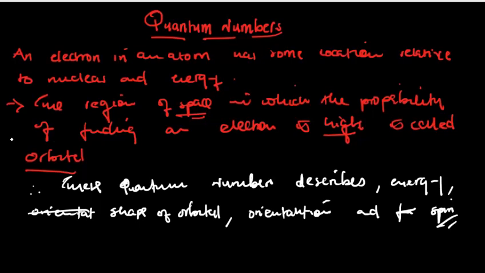So these quantum numbers will describe the energy level, the shape, the orientation, as well as the spin of an electron.